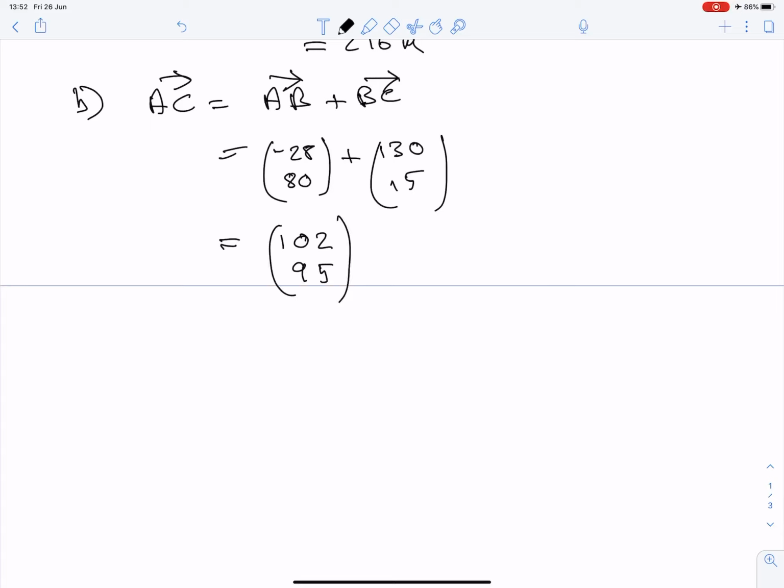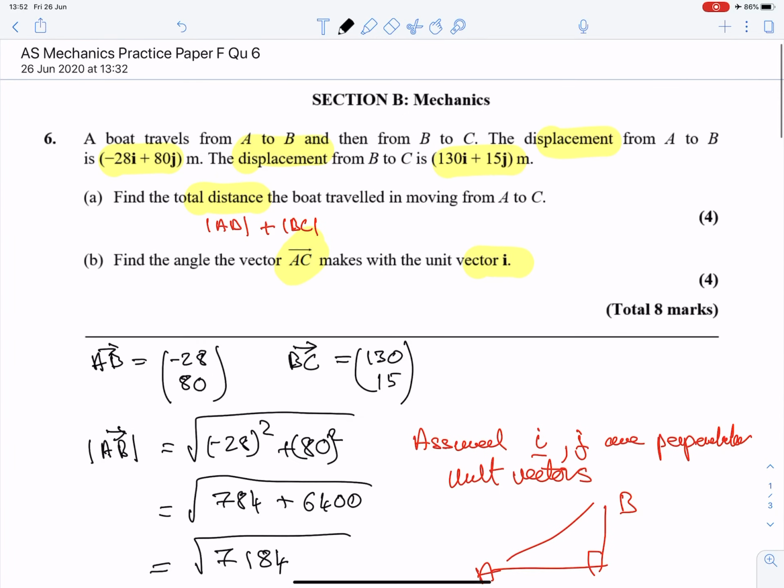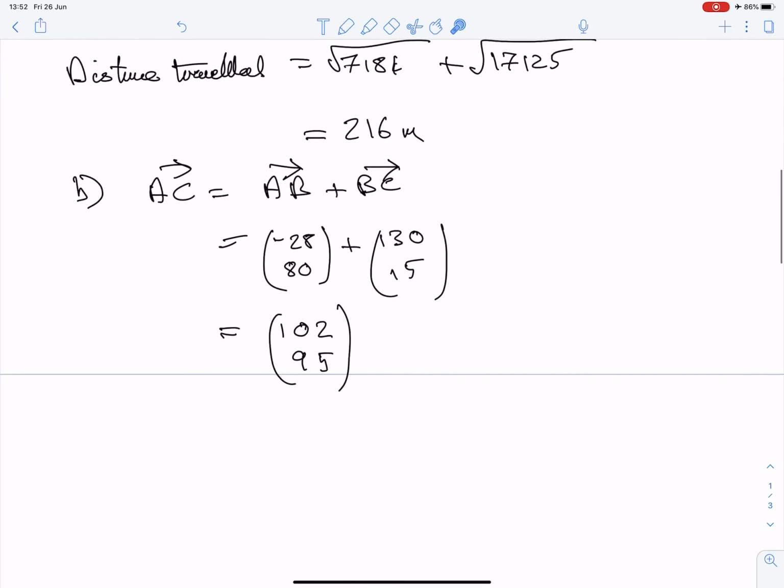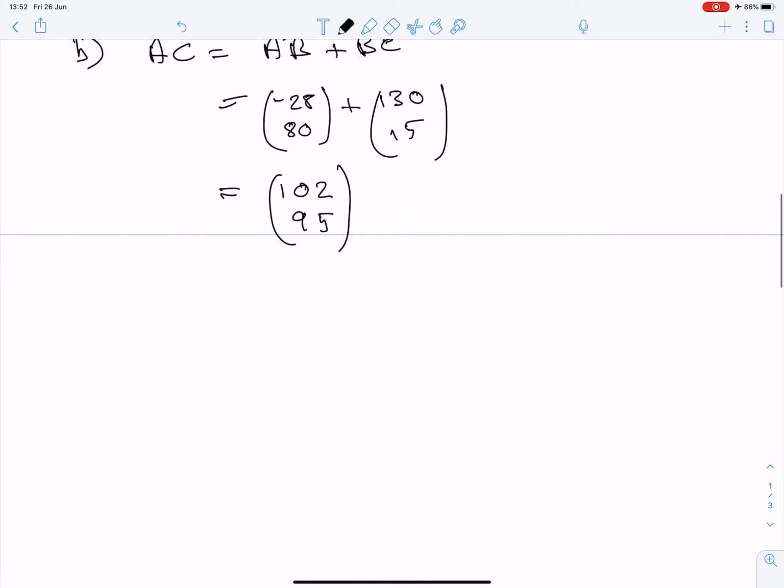Now, we're asked to find the angle the vector AC makes with the unit vector i. So there's i, so we're going to go 102 across and 95 up.